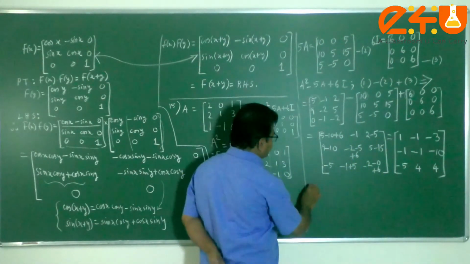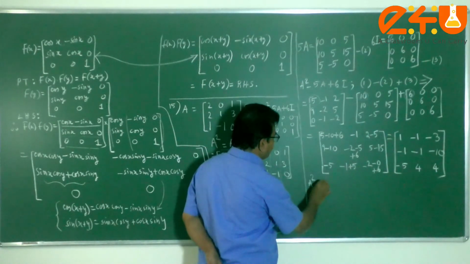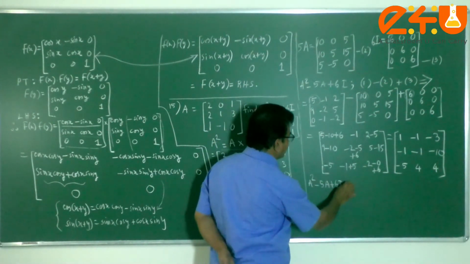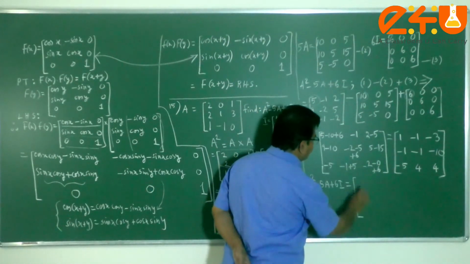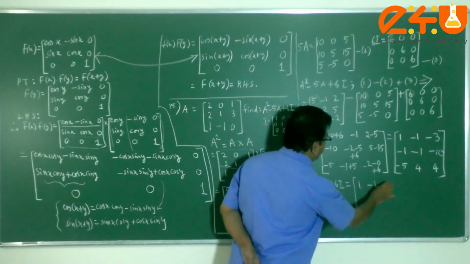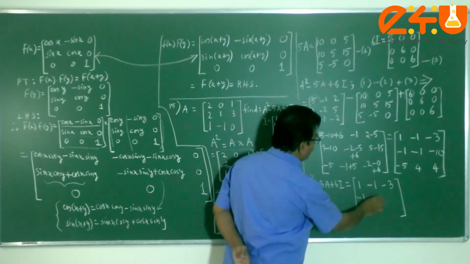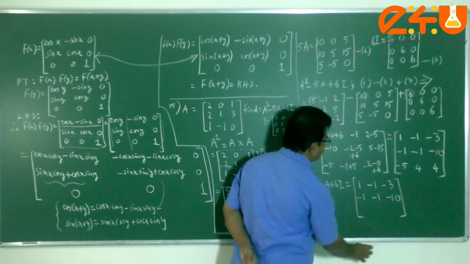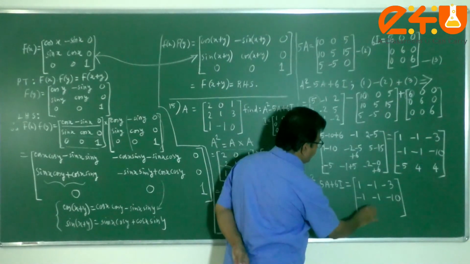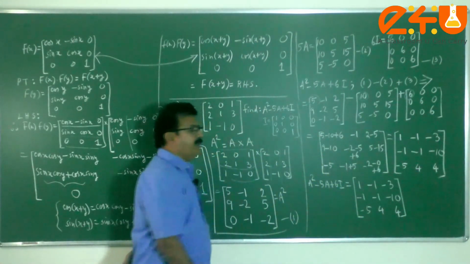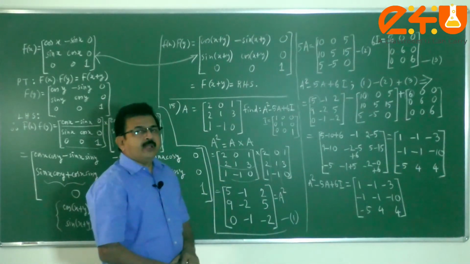So the answer for the expression A squared minus 5A plus 6I is 1, minus 1, minus 3 in row 1, minus 1, minus 1, minus 10 in row 2, minus 5, 4 and 4 in row 3.